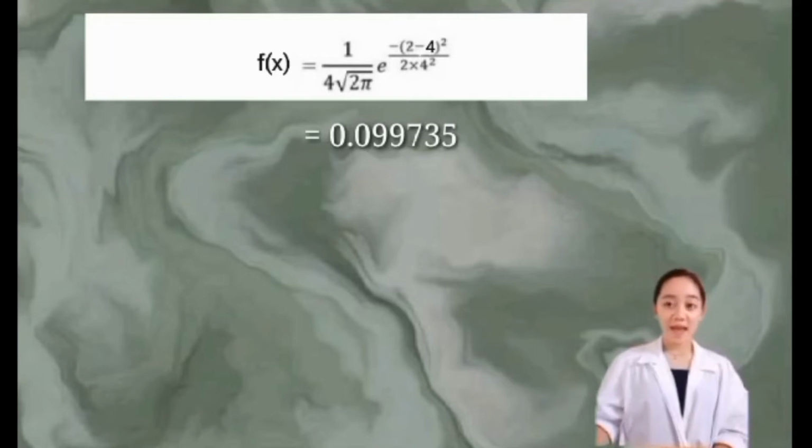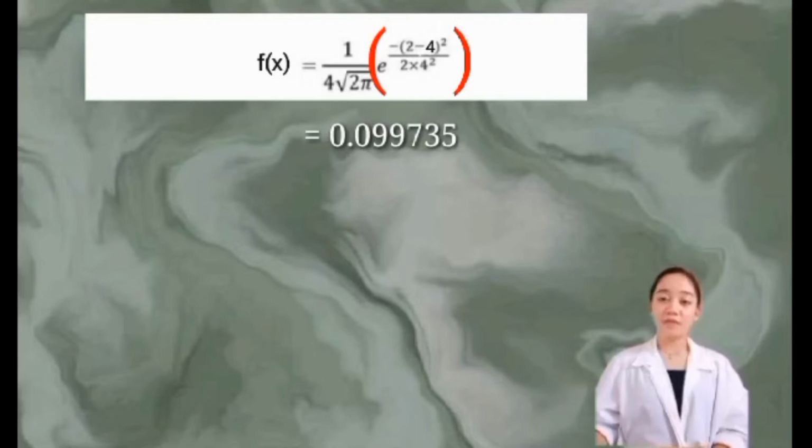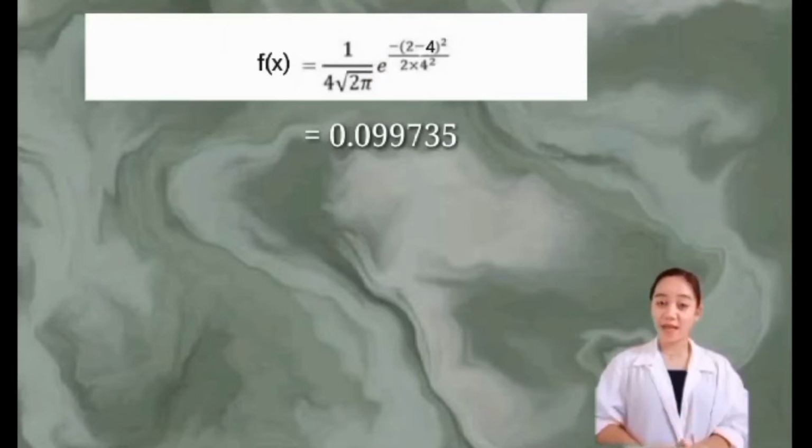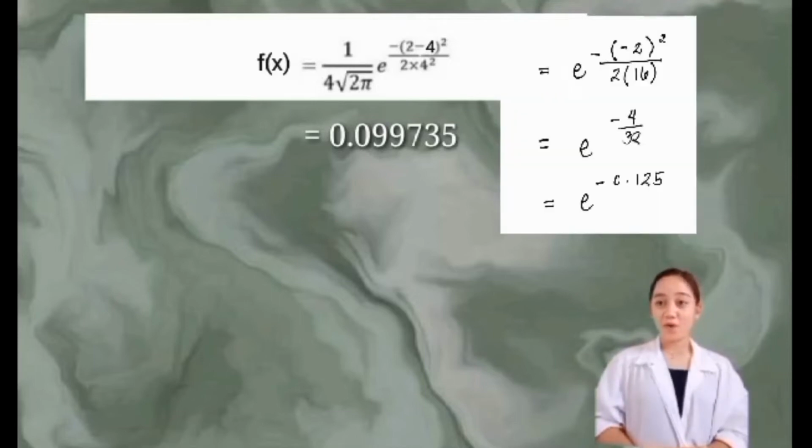0.099735. And the next is to find the value of e raised to the power of negative the quantity of 2 minus 4 squared over 2 times the quantity of 4 squared. So we will simplify it. Again, as I've said, it's the same as example number 1. So 2 minus 4 squared is equal to negative 2 squared over 2 times 4 squared, which is 16, so 2 times 16.